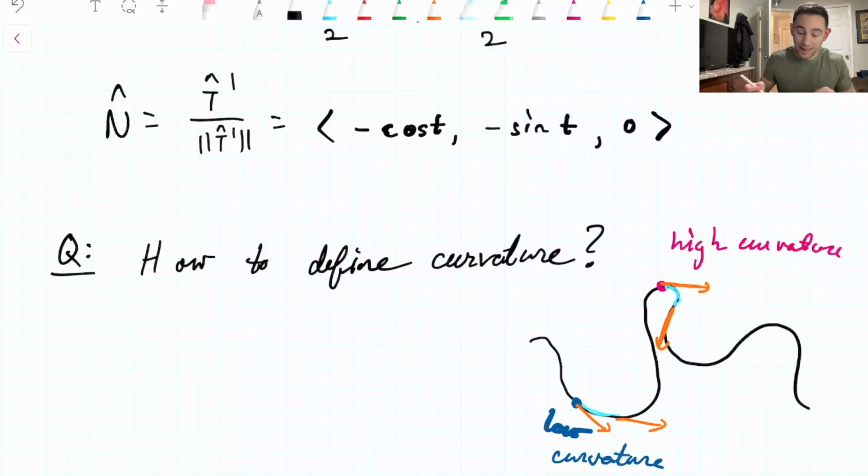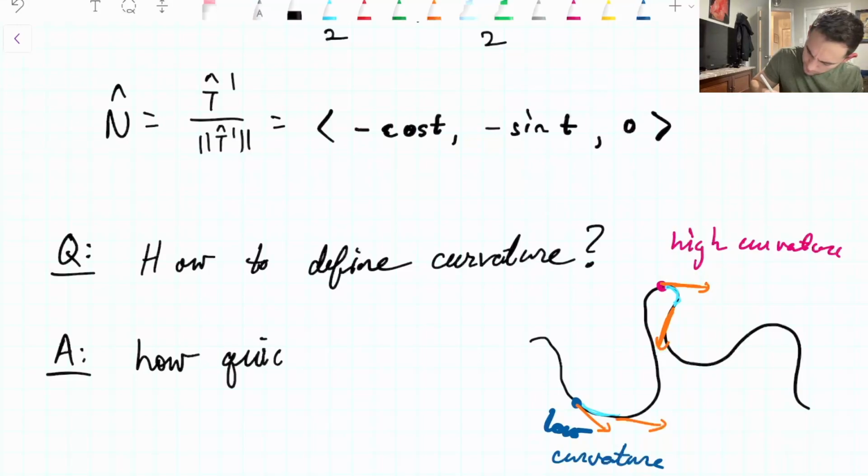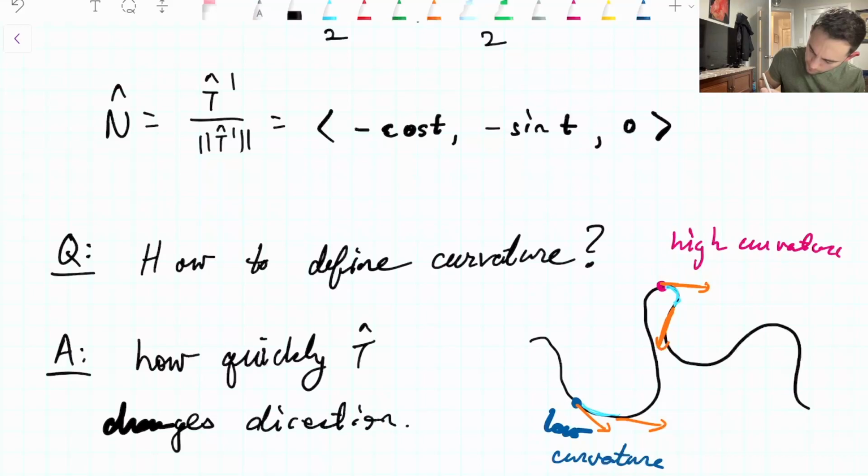So the answer we might give is curvature is how quickly T hat changes direction. So I'm talking about some derivative of T hat. How quickly does T hat change?